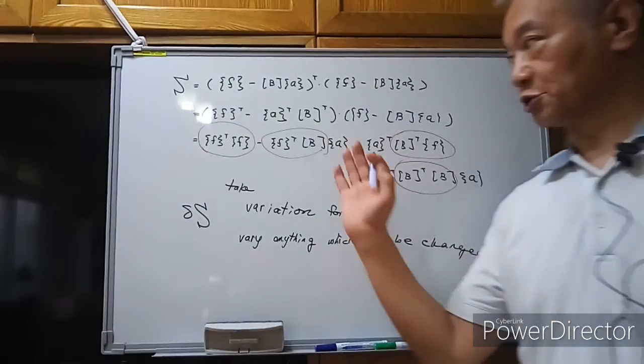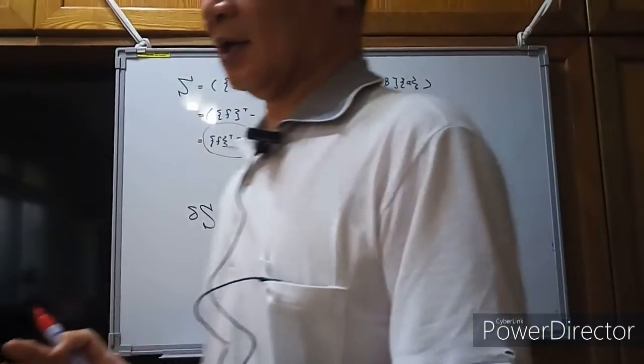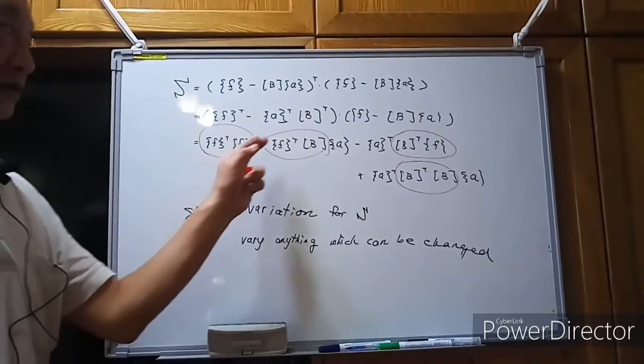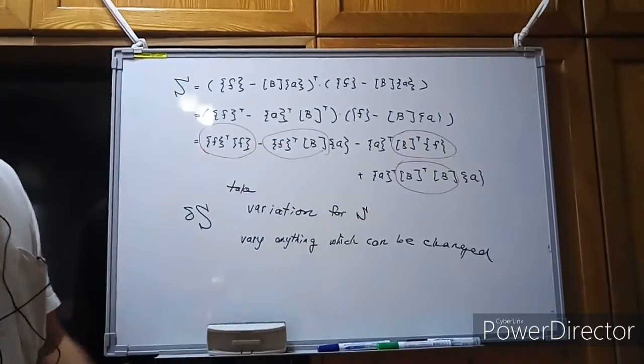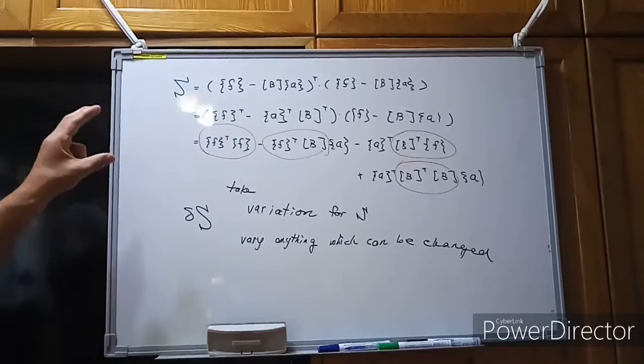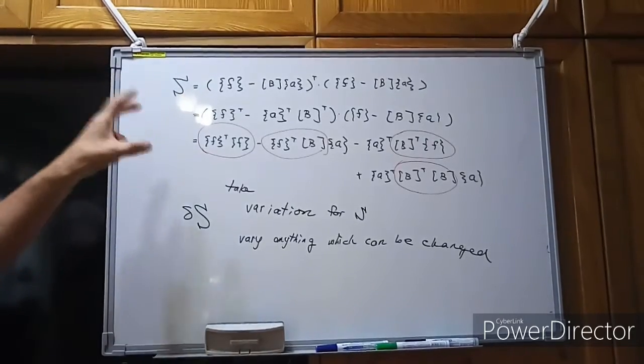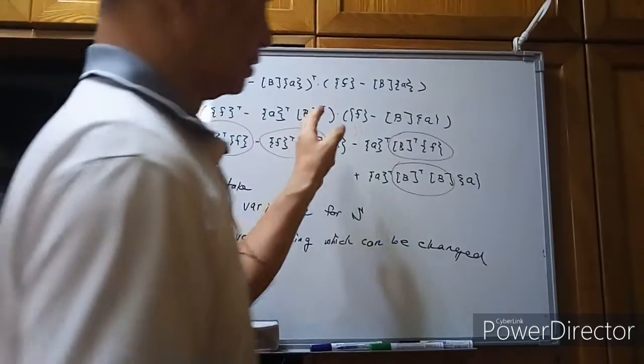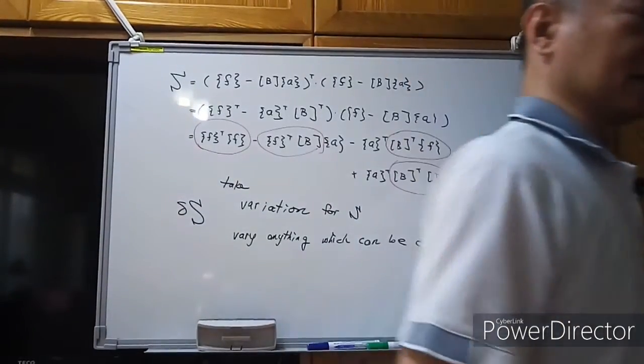So we cannot change anything in the B matrix. Also, we cannot change anything in the F vector. Okay, in this problem, the only thing we can change are the elements in the A vector.